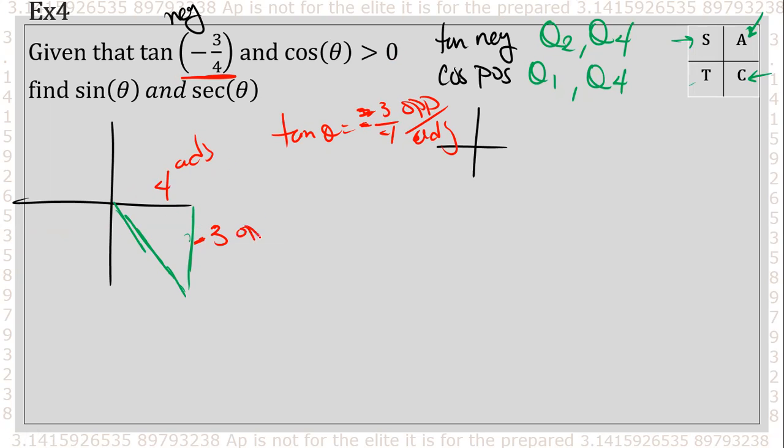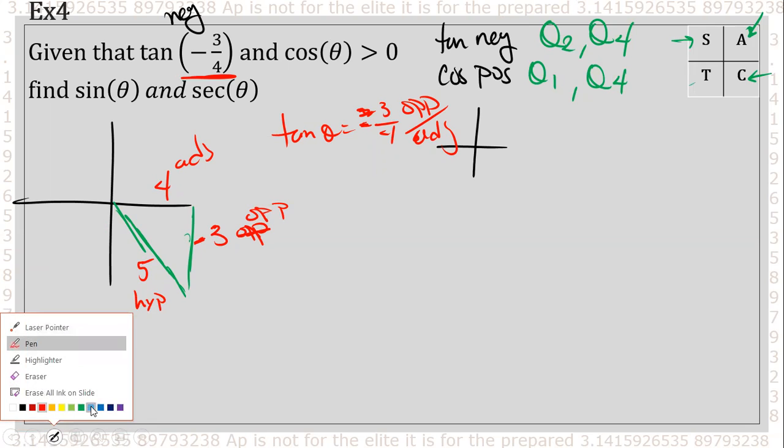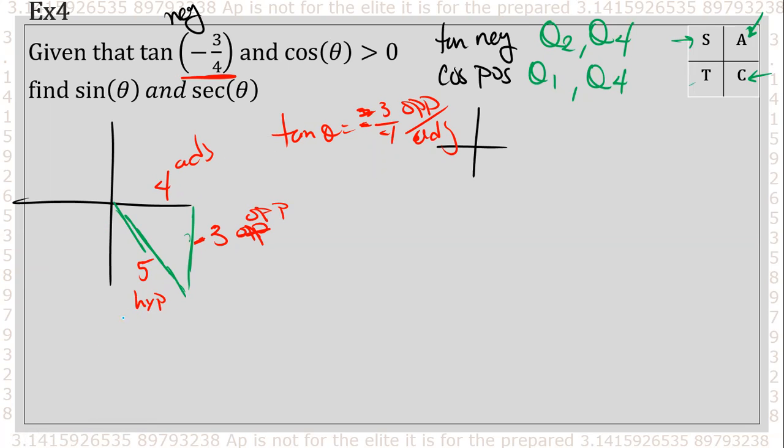My hypotenuse will be from the 3, 4, 5 triangle. So now I need to find my sine. Sine of theta, closest to the origin, is my opposite, which is negative 3, divided by my hypotenuse, which is 5.